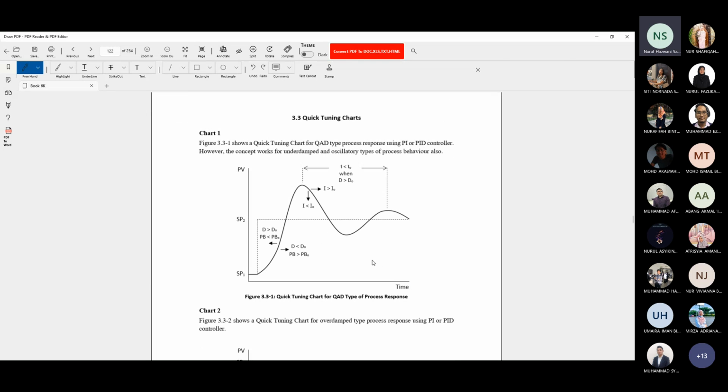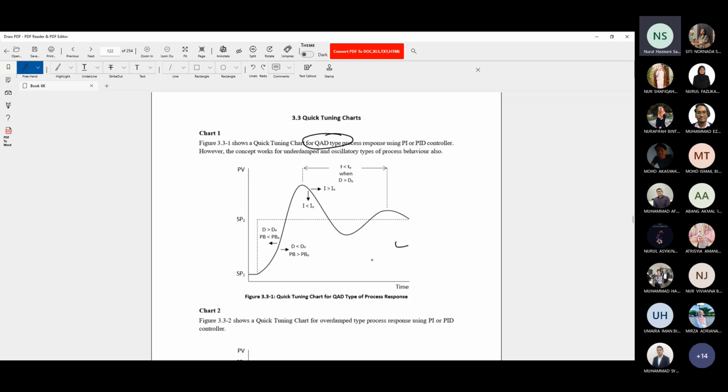Let's say you have chart 1 is a chart for the QAD type process response. Ingat lagi tak QAD yang kita lukis tu, yang I tunjuk dekat you tu, daripada nota tu. So QAD dia ada slight oscillation kan.